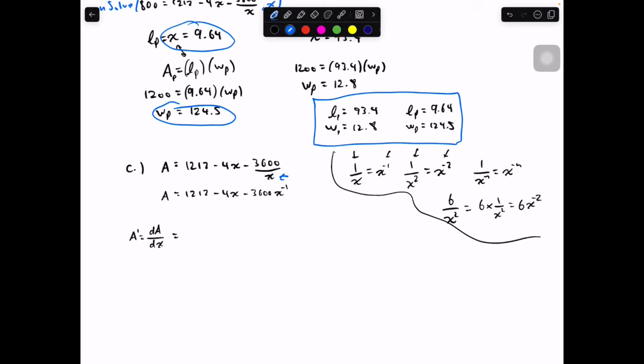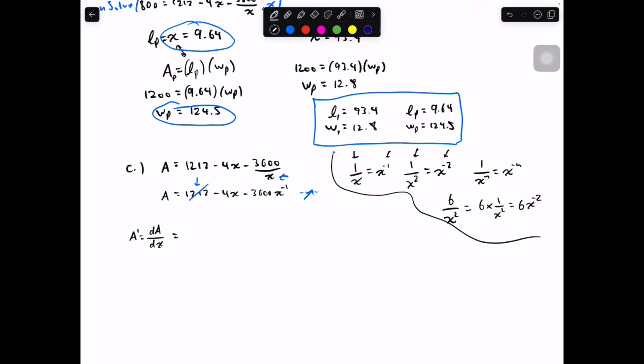And now we should be able to use the power rule. This is a little more challenging, and this is kind of deliberate, I think. They put the constant at the front. Usually the constant is at the end, and we know we can just remove it if we're taking a derivative. In this case, we remove the constant when we take the derivative, so this first term is actually just going to go away.